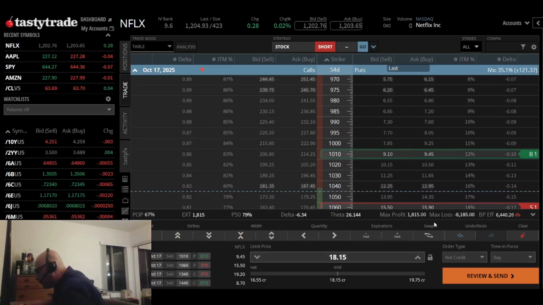So now my buying power, I only need to put up $6,000. We're collecting a lot more money. We're collecting 18, and our probability of profit is getting closer to 70%, and the probability of making 50% is almost 80%.